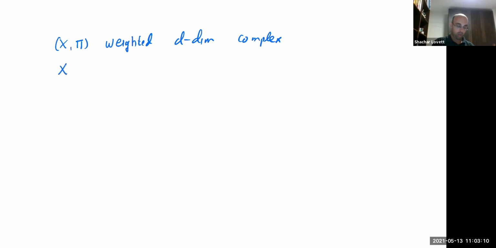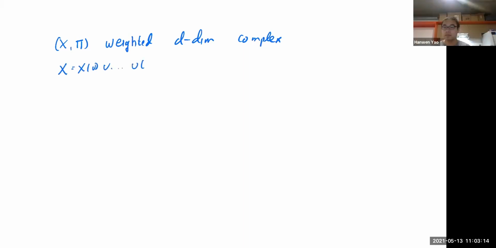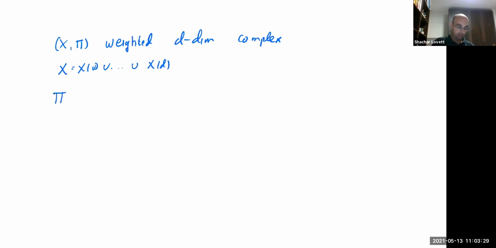And again, just to remind you, X is going to be X0 union up to Xd. So Xd are all the top level spaces of size d, and we go down by inclusion. And pi is also a distribution over these spaces, so pi 0 up to pi d.